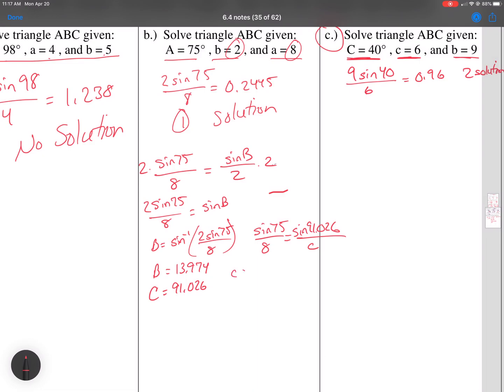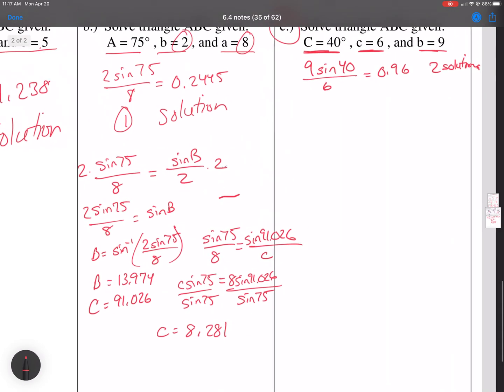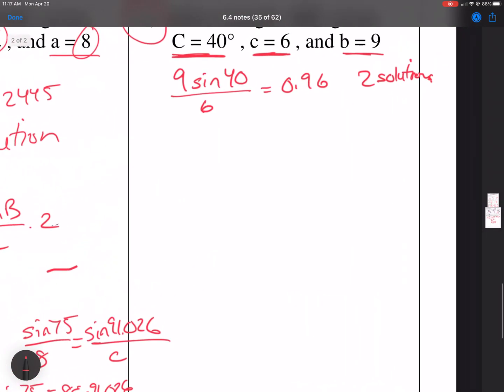Cross multiply. Divide by sine of 75. And little c equals 8.281. And that's how you do that with the one solution.